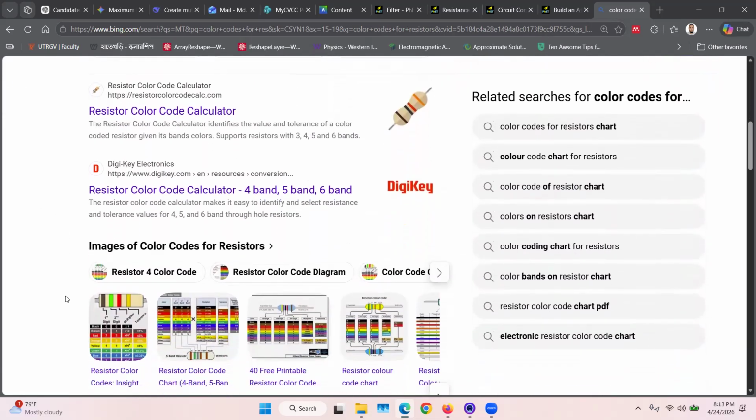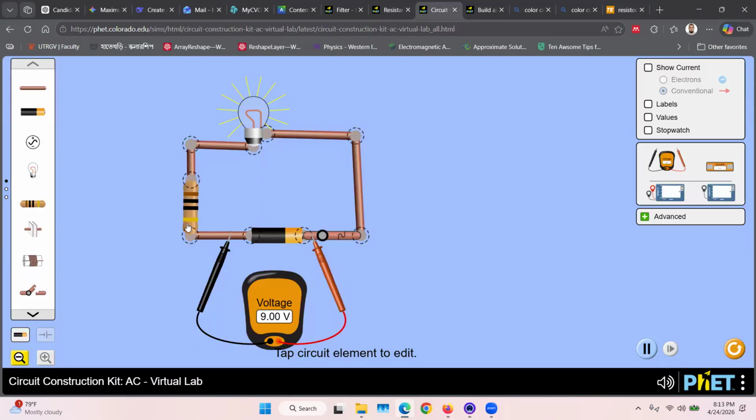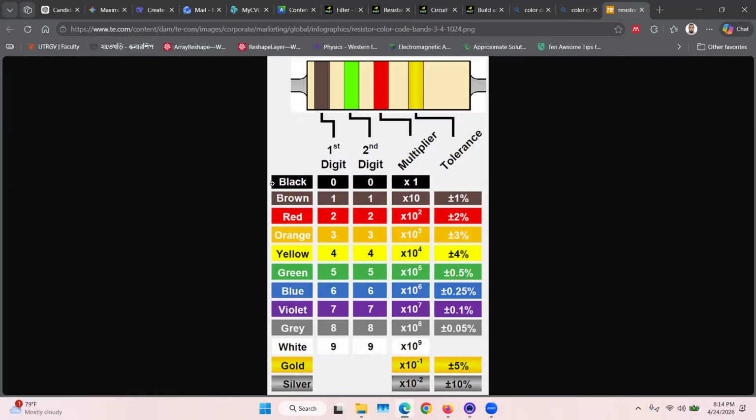Let me show you here. This side will be empty. That's how you understand which way you start from. Where this side is empty, you start from the other side. The first is a digit, the second is a digit, this will be the multiplier, and this is the tolerance.